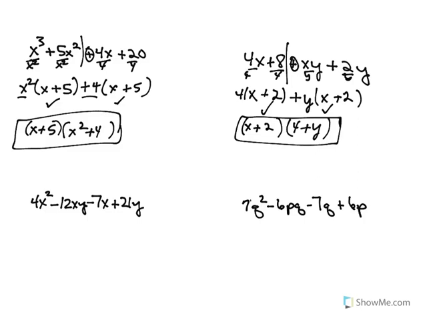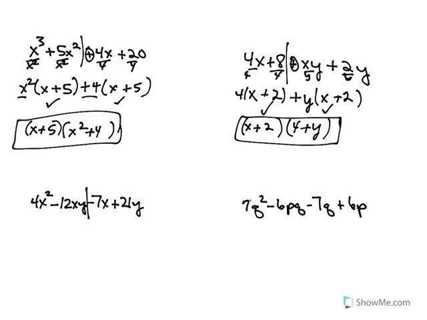Okay? All right. Next, we have 4x squared minus 12xy minus 7x plus 21y. So when we're looking at this problem, we want to see there's nothing in common for all 4 terms. So then we go to split it. And make sure you remember to split it in front of the sign of that third term.